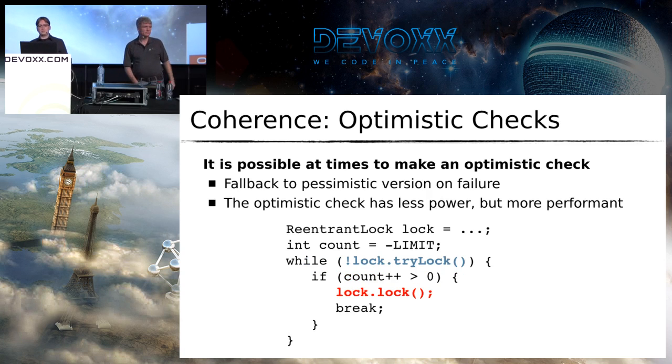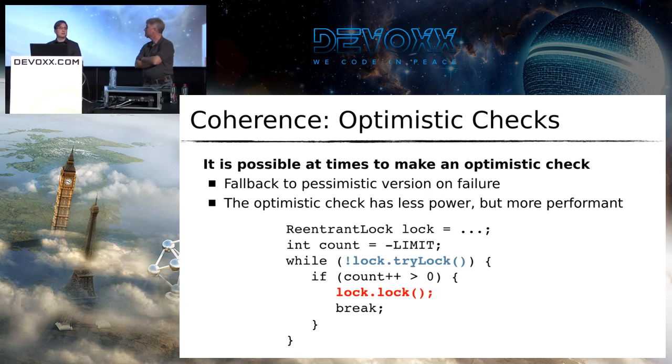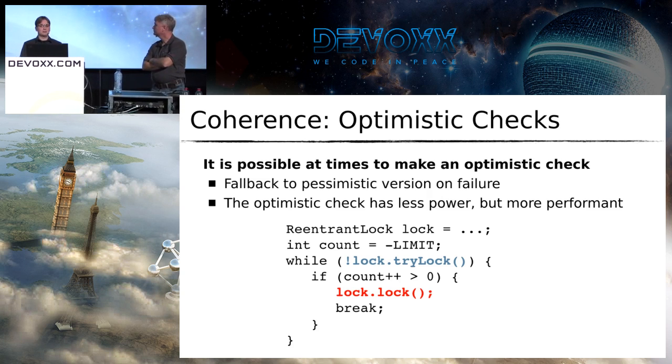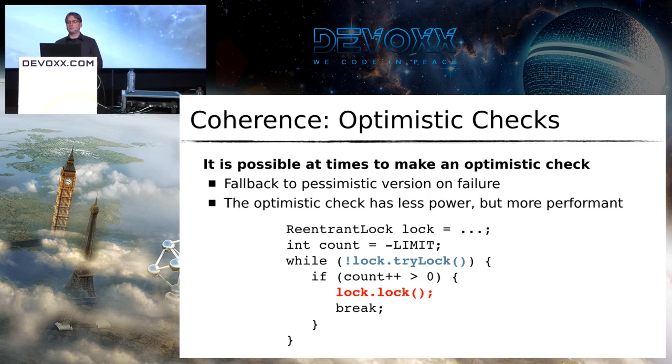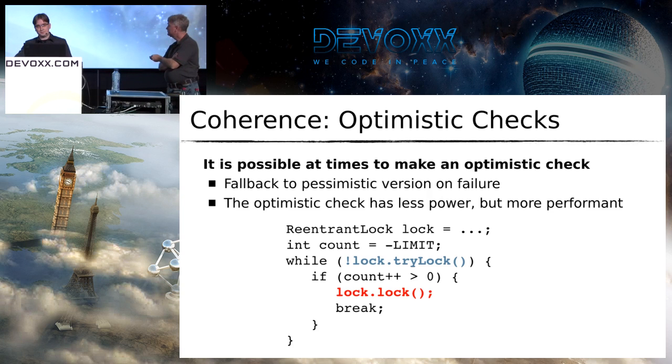Another example is locking. When you have, for instance, this reentrant lock, instead of doing the lock, if you know that the critical section which is guarded by this lock is really small, it is probably convenient to try and lock it multiple times, waiting for this critical section to actually be freed. And so you will not have to block here, but you will spin a bit and then enter the critical section. It is not in the libraries.